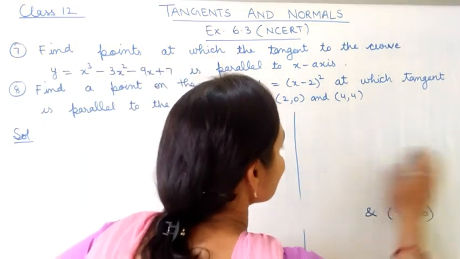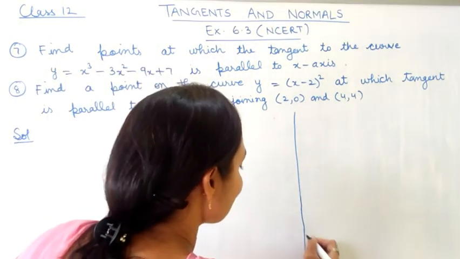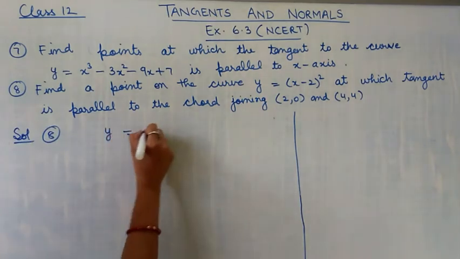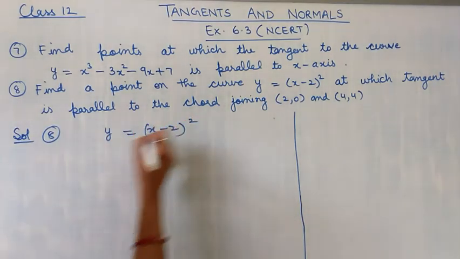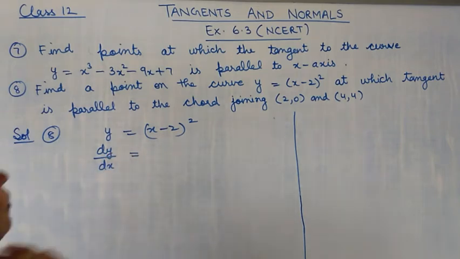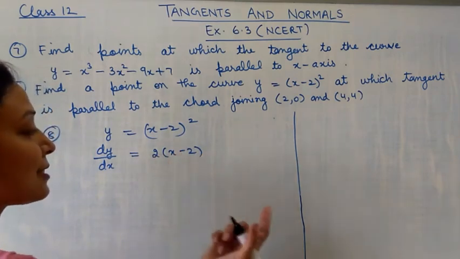First of all, the method of doing the question is the same. You have to take the curve y = (x − 2)². The derivative dy/dx is 2(x − 2).